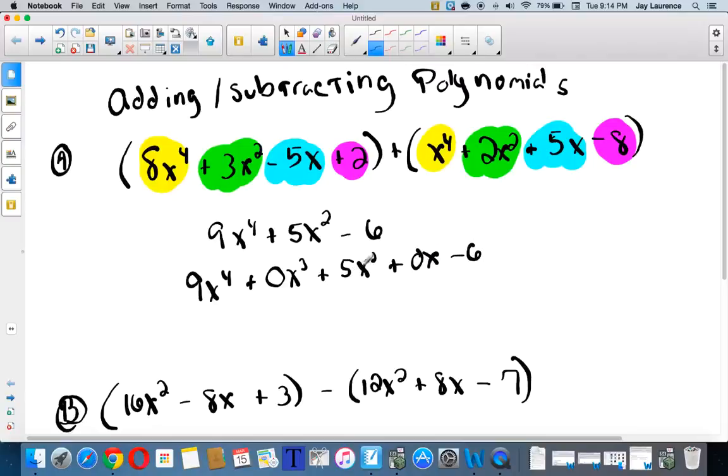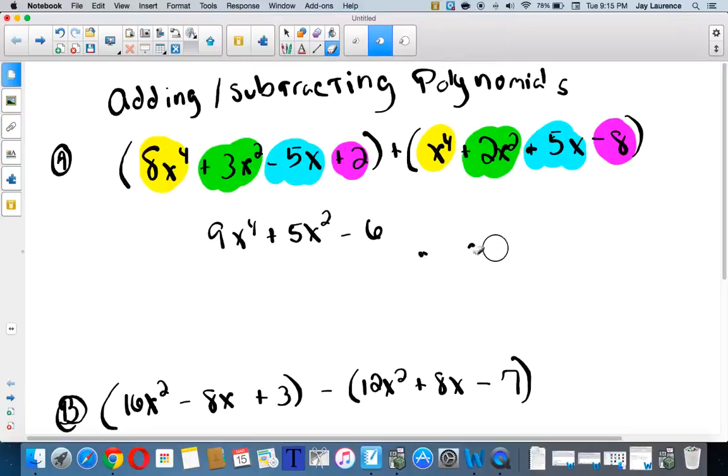It's still only a trinomial because these are the same as 0, so they drop out of the polynomial expression. So that was a quartic trinomial. Why? Because it's degree 4 and there are 3 terms.